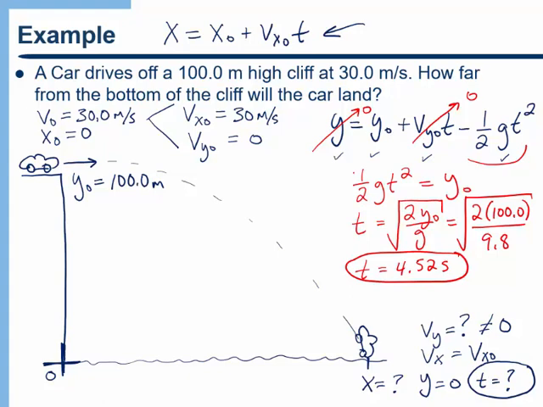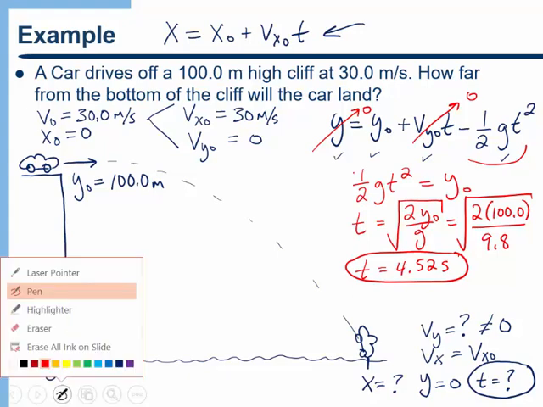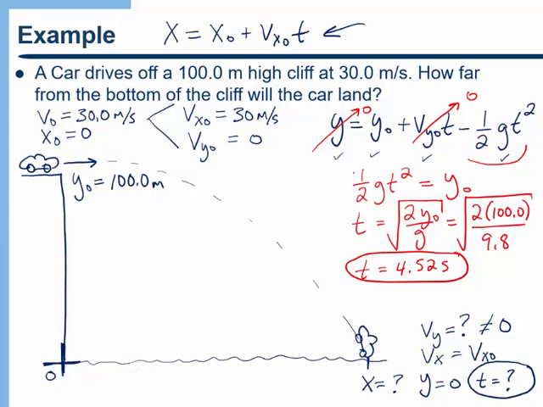Once we know how much time the car is in the air, we can now go back to our x direction and solve for how far it goes. So x is equal to x naught plus vx naught t. Initial position is 0, and I can now plug in the values.